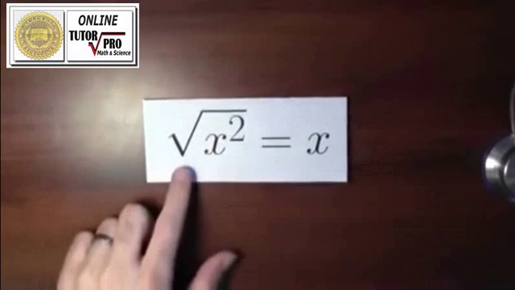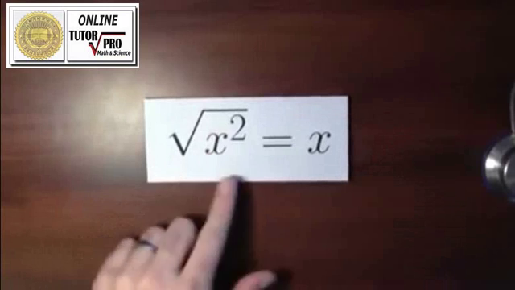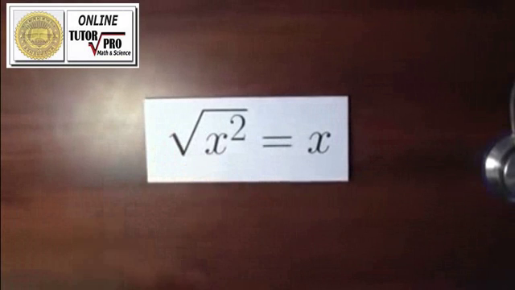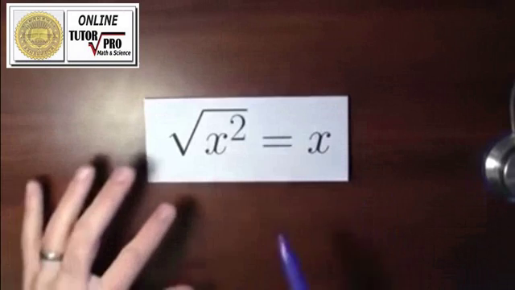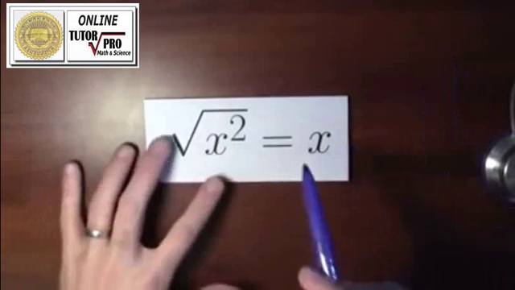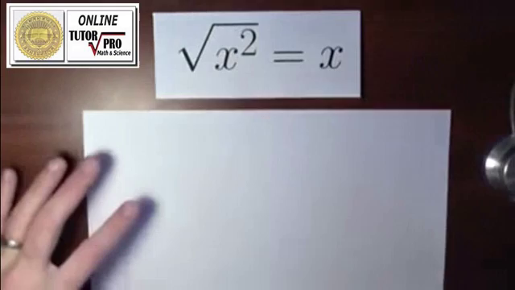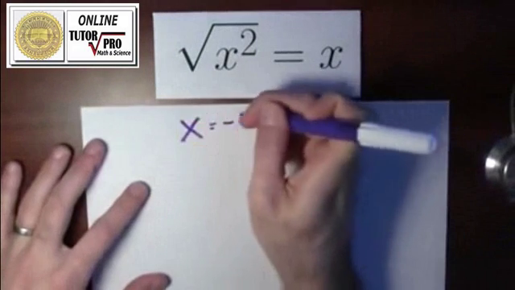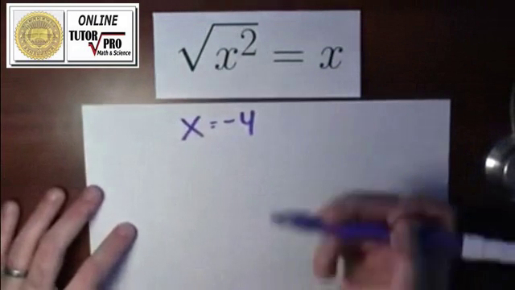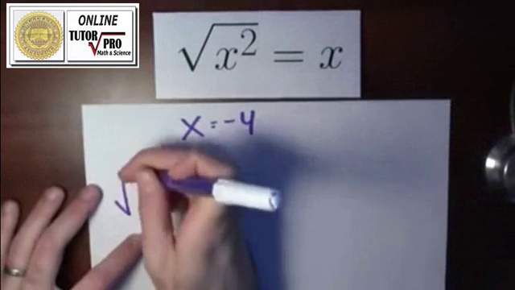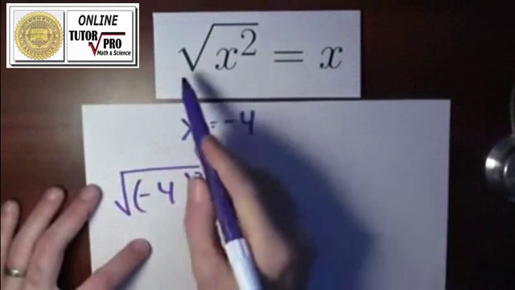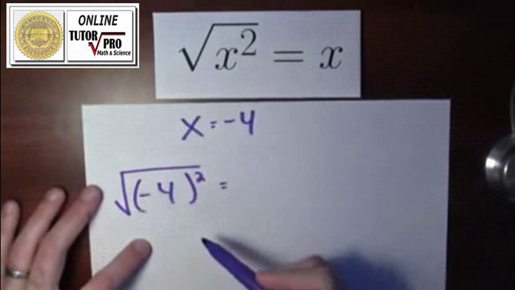In light of the definition of the square root, the square root of a number being the non-negative number which squares to the number under the radical, you might be tricked into thinking that the square root of x squared is x. That's not true. Let's see why. Let's do a specific example where, say, x is minus 4. If I replace the x's here by minus 4, the left-hand side is the square root of minus 4 squared.